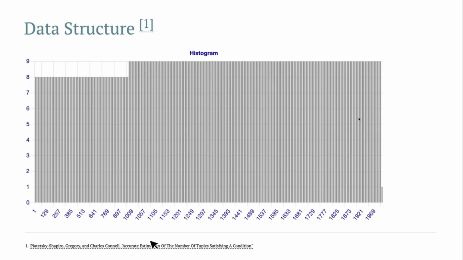The whole paper is about how to estimate the number of tuples satisfying a condition with an equal-height histogram instead of an equal-width histogram. It has a lot of details about why we choose the equal-height histogram. So take a look if you are interested.